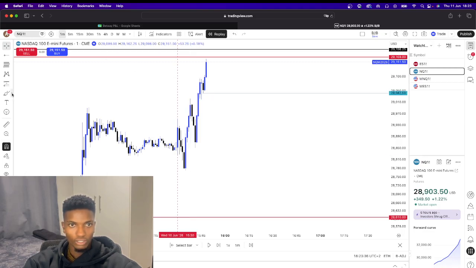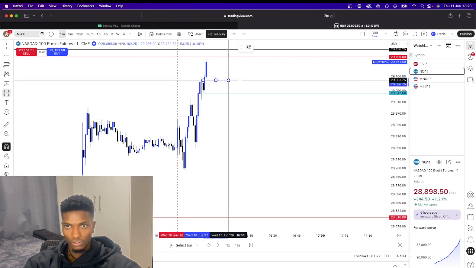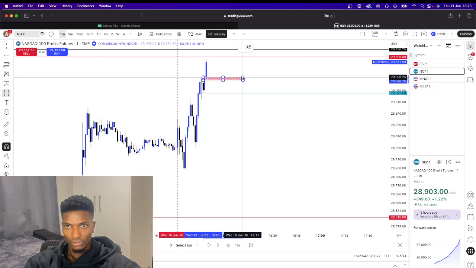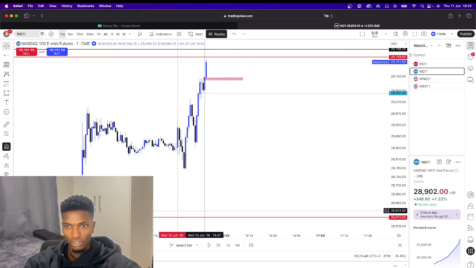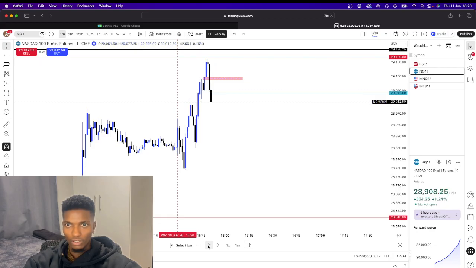Let me mark it out. This here. Okay, so let's play a few bars and see what happens. Okay, so on Nasdaq we invested that fair value gap and even broke structure to the downside with this candlestick.